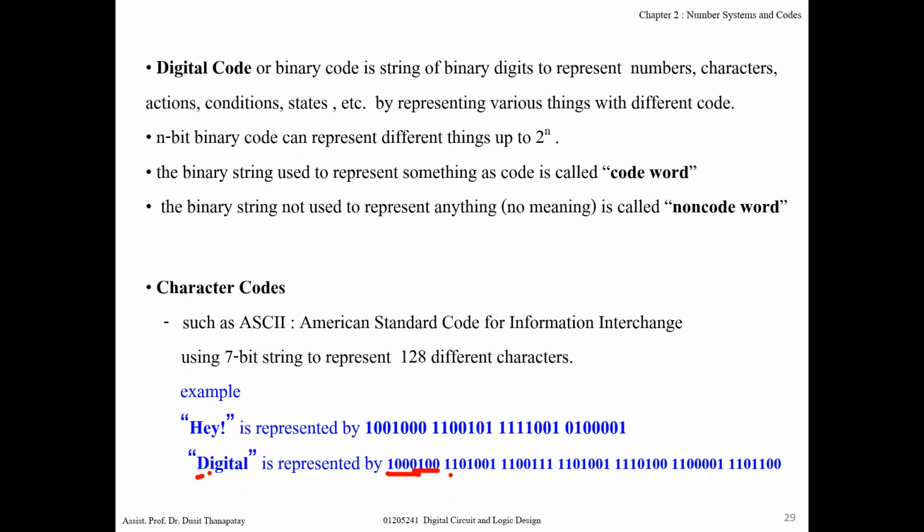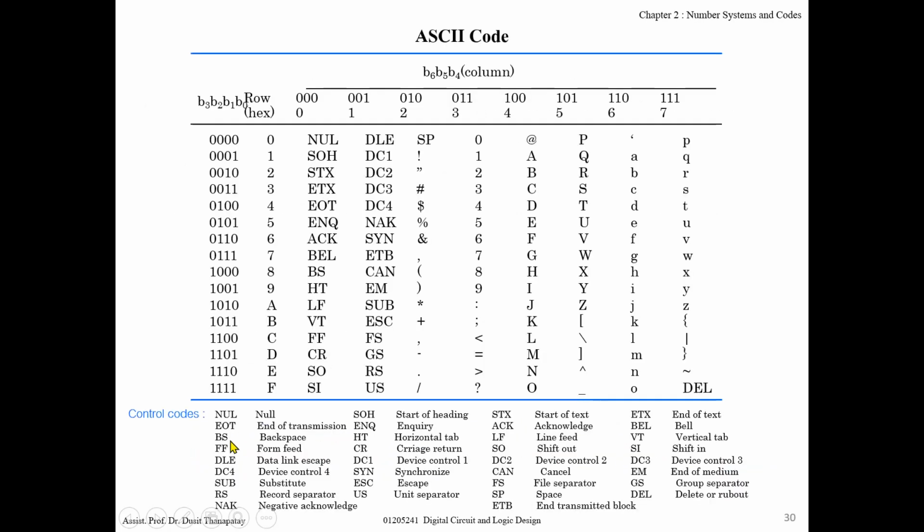I is 100 1001, and so on, with G, I again, T, A, L. This is how to represent the word digital, or this hey and this mark. So this is the ASCII code.